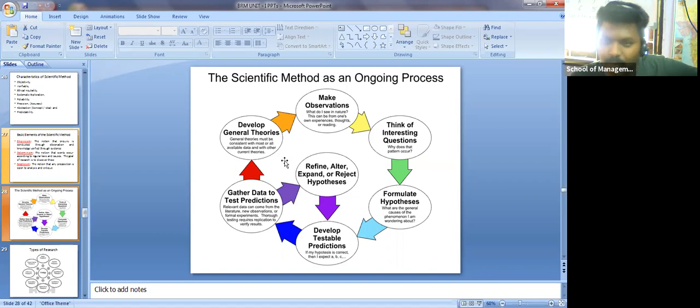We know very well about Newton's laws, or all scientists, who developed certain theories based on proofs, based on gravity and so on, n number of examples, right? Maybe you studied up to 10th class in science classes. So general theories must be consistent with most or all available data and with other current theories.